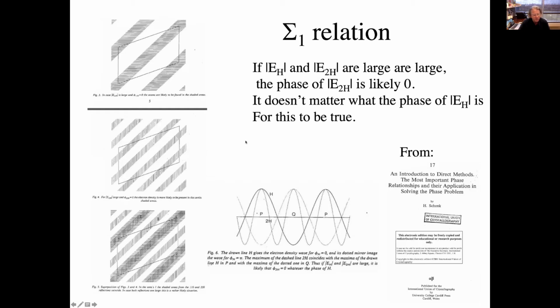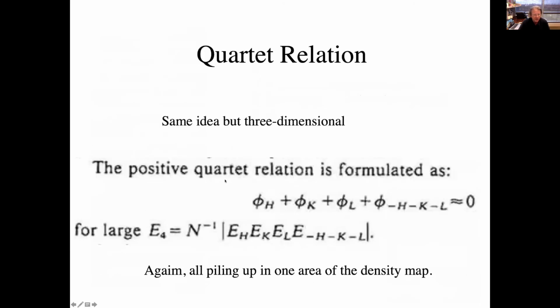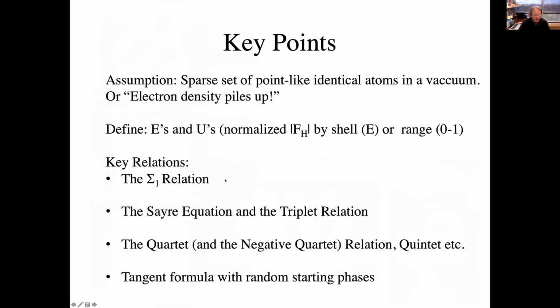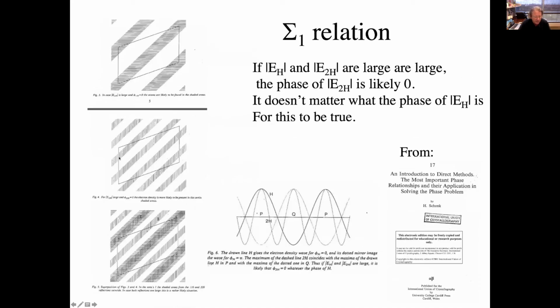If the phase is 0, it's high at 0. If the phase were pi, it starts not on 0. But the key point is that it's much more likely if the 2, 2, 0 spot piles on to the 1, 1, 0 spot.